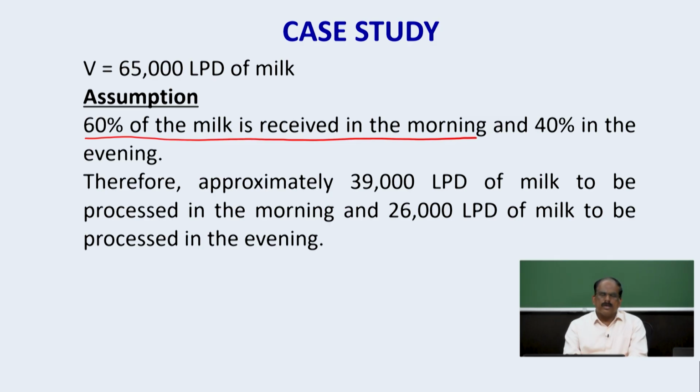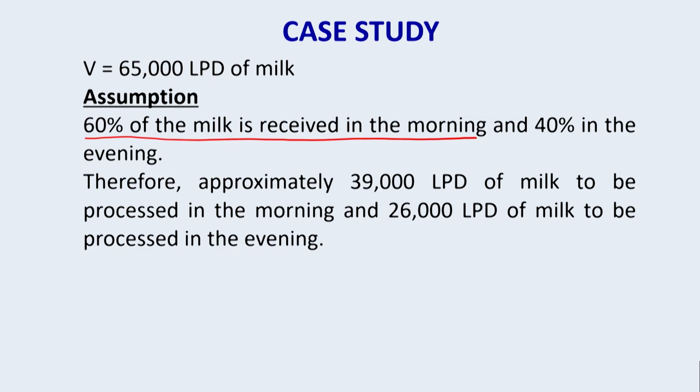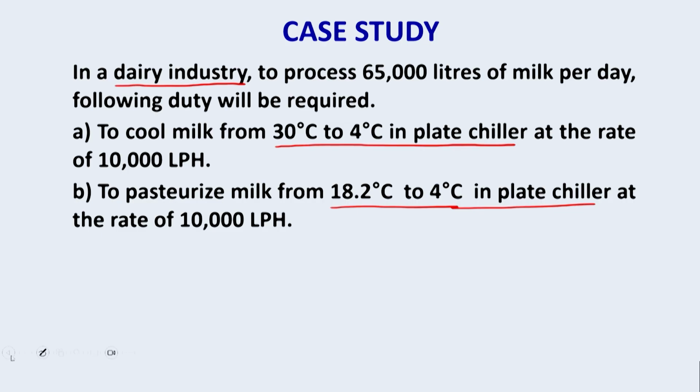That means the refrigeration load is more in the morning compared to the evening. The total quantity of milk is given as 65,000 liters per day.